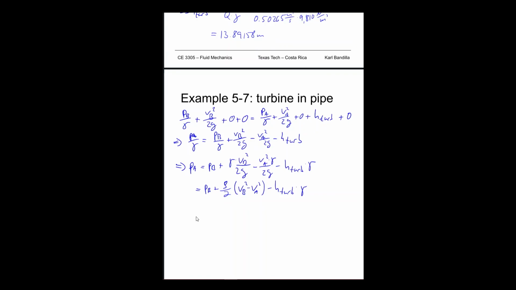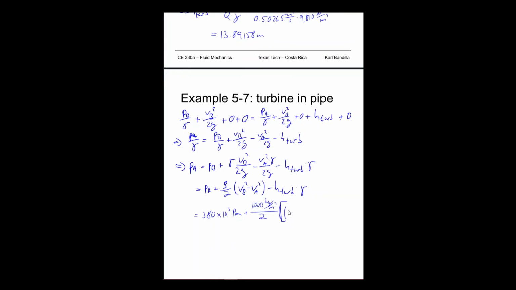All right, so then all that's left is to plug in numbers. So PB was 380 kilopascals, so 380 times 10 to the 3. We'll leave it as pascals because we're looking for a pressure. Plus the density of water is 1,000 kilograms per cubic meter divided by 2. Then our 2 velocities, let's make that a square bracket.